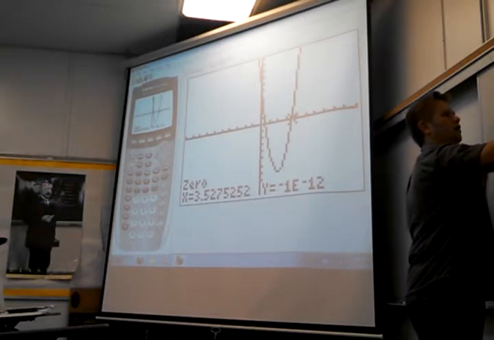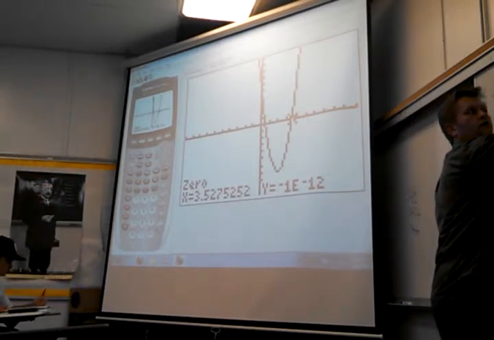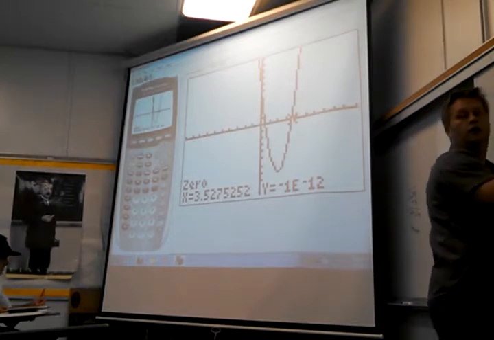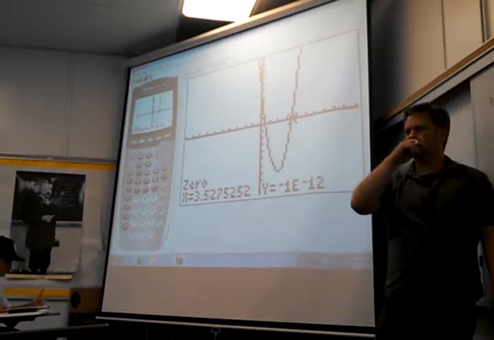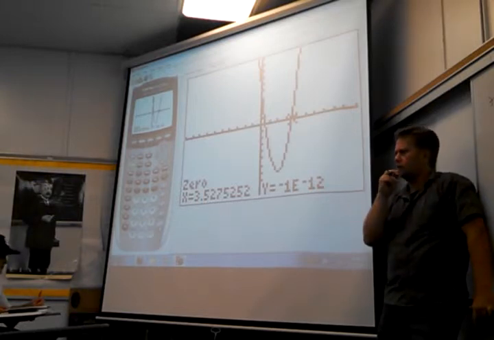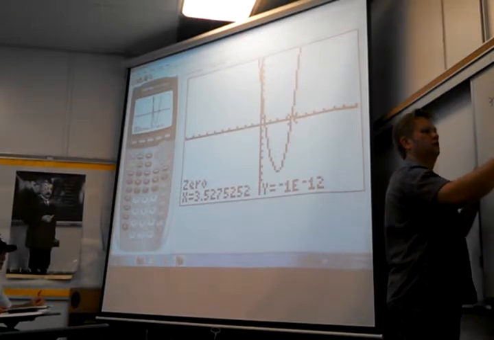Negative b over 2a. Negative 5 over twice negative 7, so it'll be 5 over 14, the negatives cancel. Ooh, it's a fraction, who cares? You've got a calculator, throw that in. So f of 5 over 14.